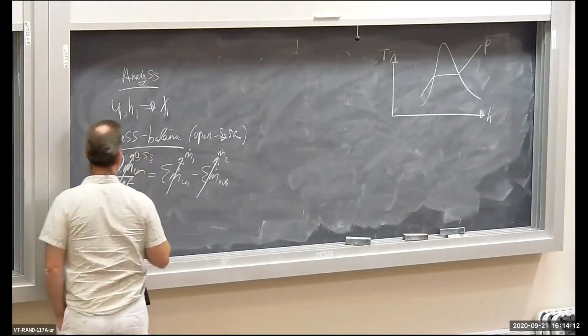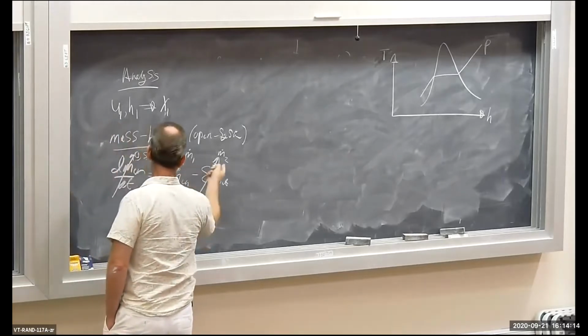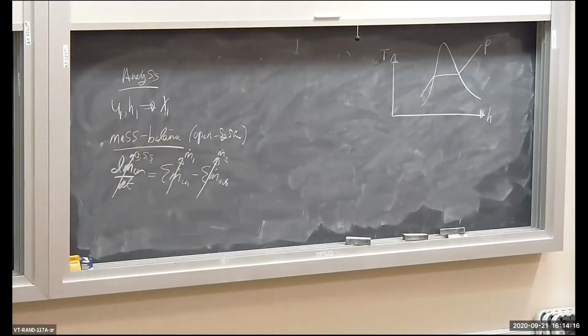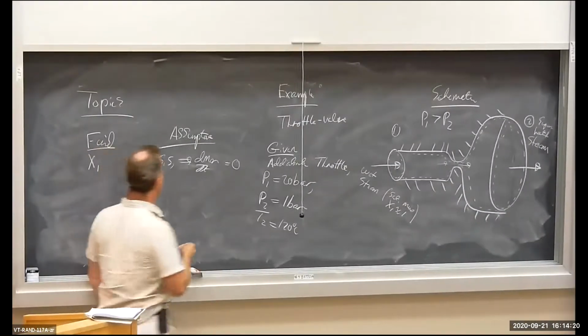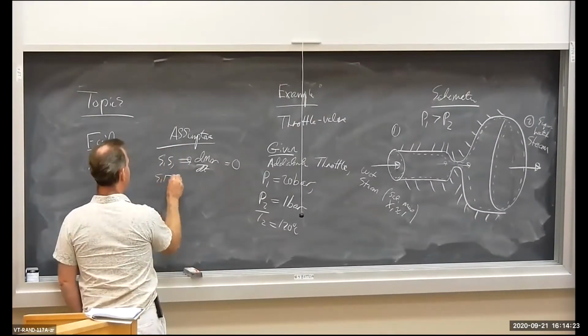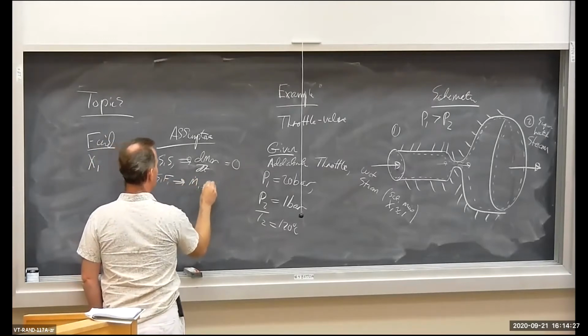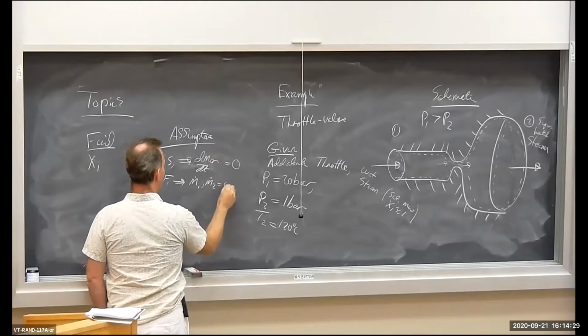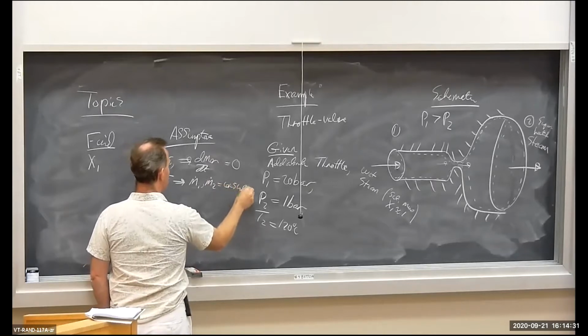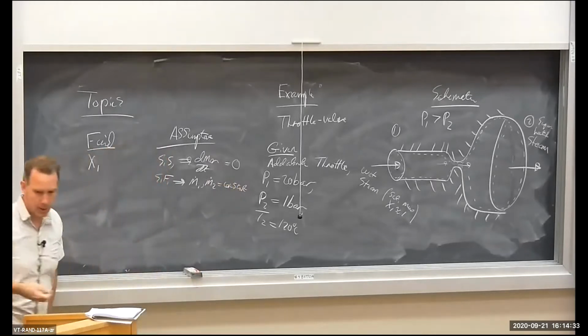If I assume steady flow, then these mass flows don't change in time either. So I think I'll write steady flow, SF: m dot 1, m dot 2 are constant. No change with time, okay?